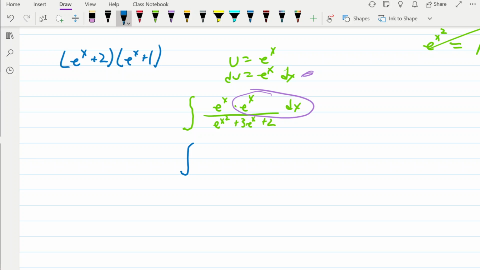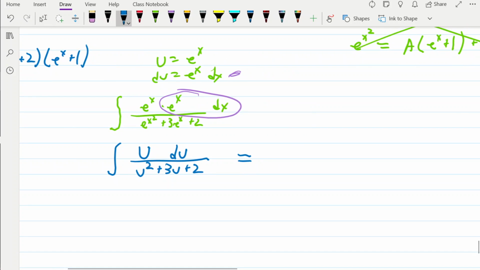So we'll take the integral of u du over u squared plus 3u plus 2, which will equal the integral of u du over u plus 2 times u plus 1. And yeah, that saves us from having to do long division with e to the x's.